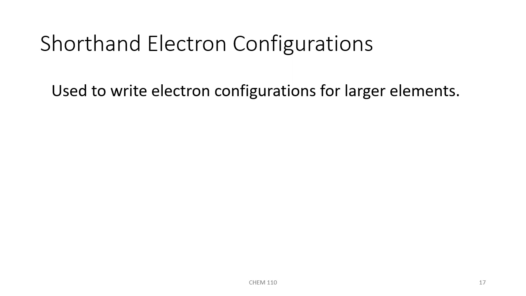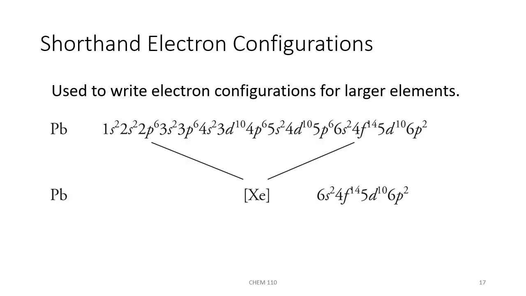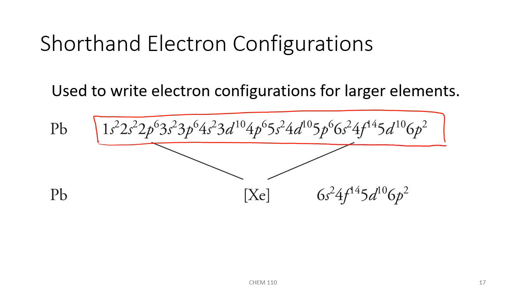You might notice that it gets really tedious writing out these electron configurations as your atomic number gets higher and higher. So there's a shorthand way that we can write the electron configuration, and it's called the noble gas core method. So for example, this full configuration for lead is very long. But how we could write the shorthand notation for lead is we would look at the noble gas that precedes it.